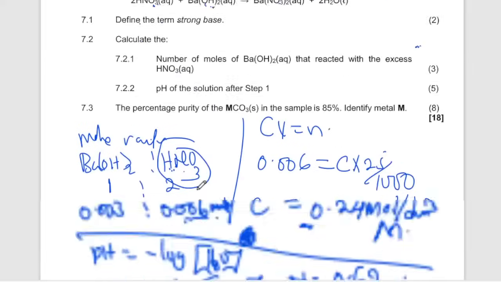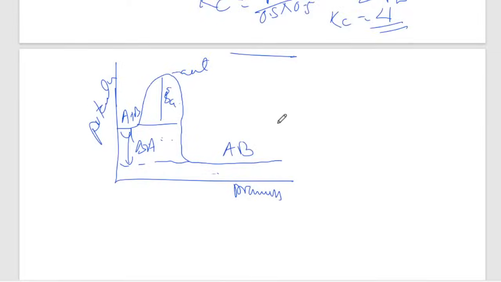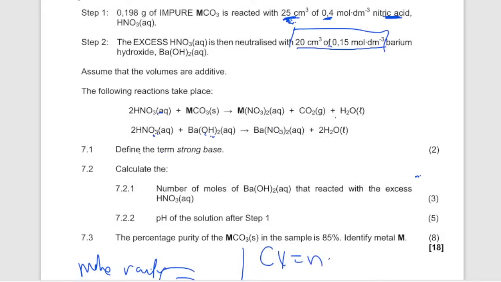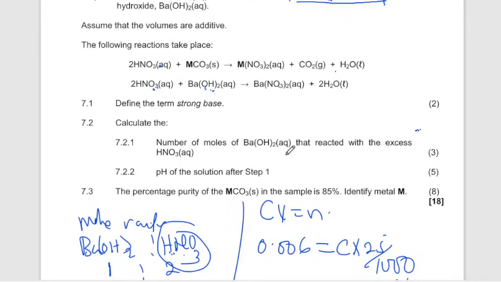Let me just show you what I'm trying to say. Let me start by saying that we already know what is in excess. We calculated it. Did I rub it off? But we know what is in excess. So what we're going to start with is let's find out.